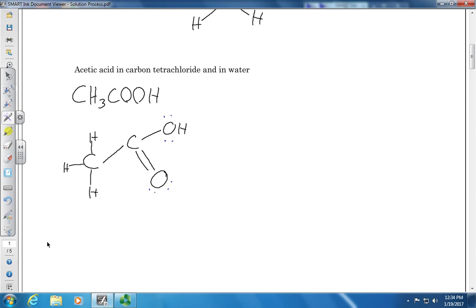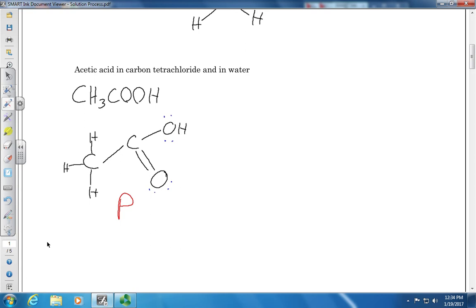Oxygen has an electronegativity that is different from carbon, so it's pulling toward oxygen to begin with, and those lone pairs are also helping to create a dipole moment, making this a polar molecule. So this is polar.